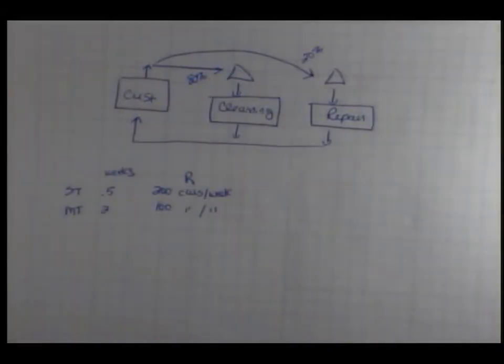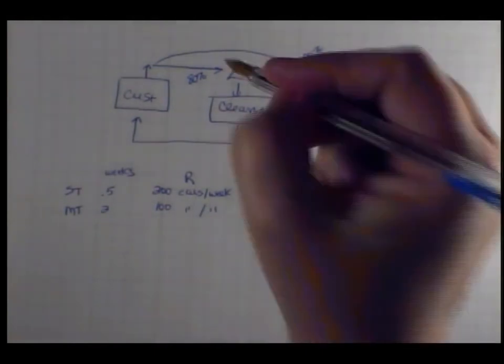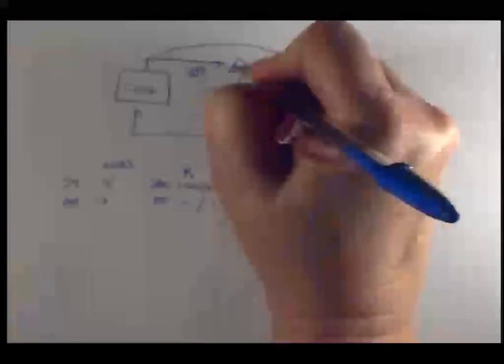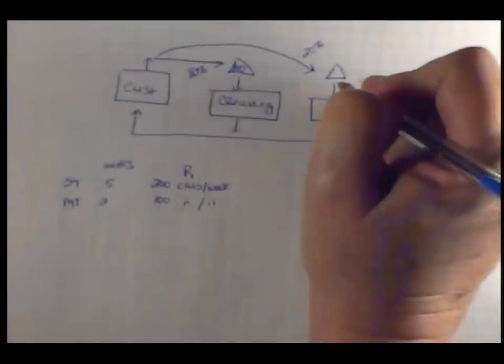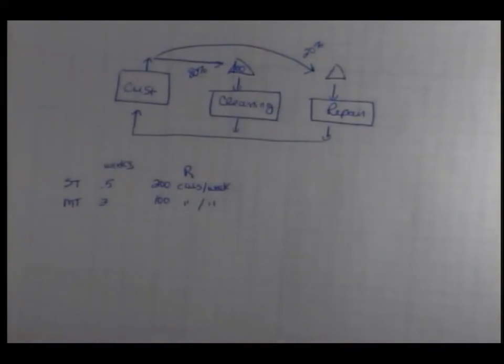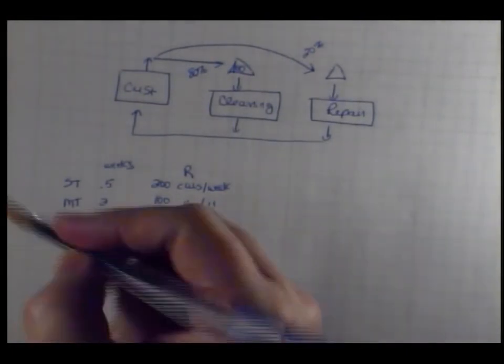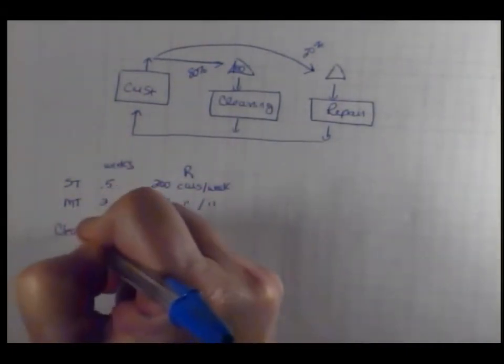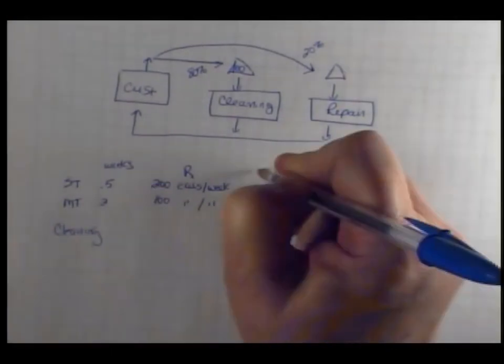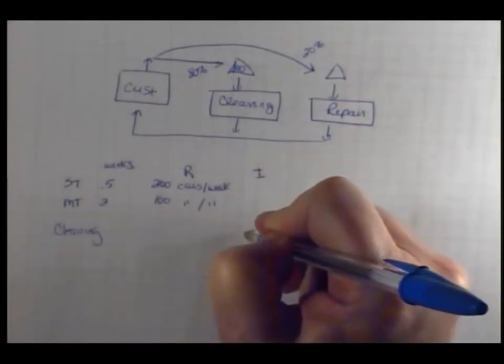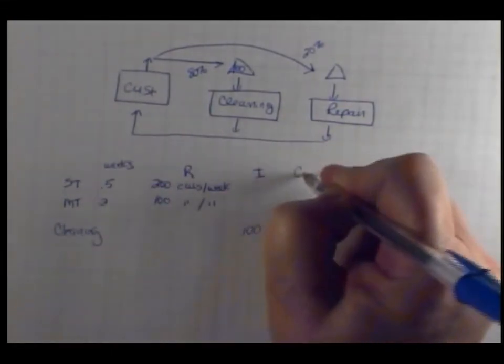The remaining cars not needing repairs are cleaned, filled with gas, and made available for rent. On average, there are 100 cars waiting to be cleaned, so I'm going to have 100 in that buffer. For cleaning, we have inventory, which you said was 100, and we have our cost.